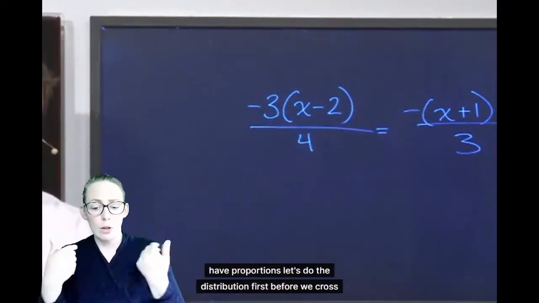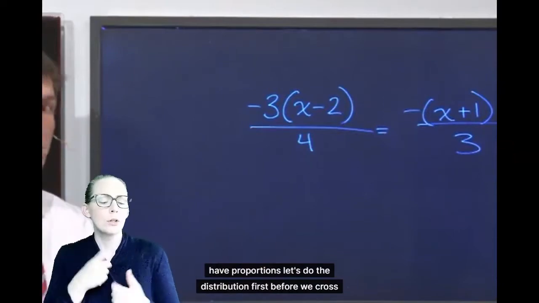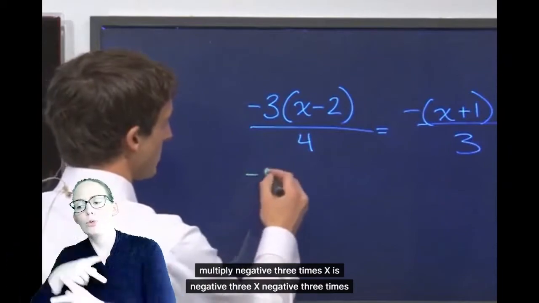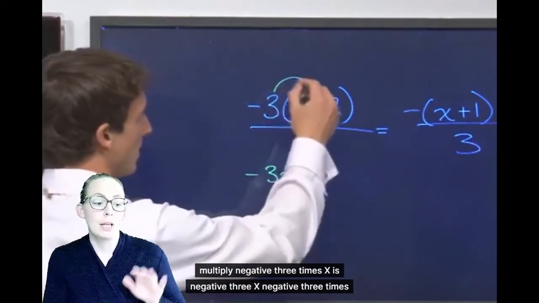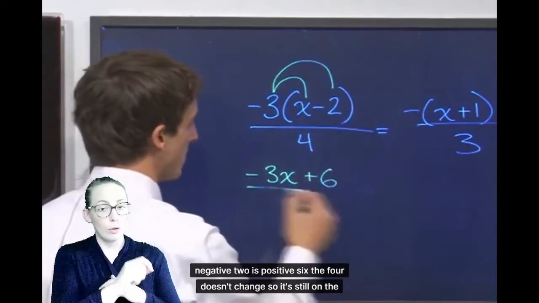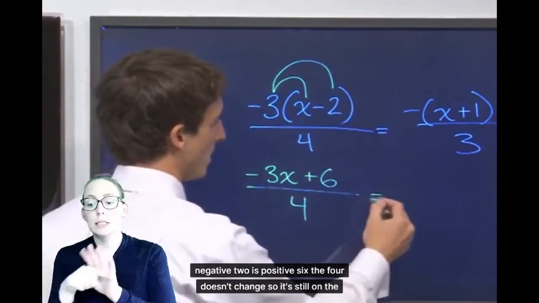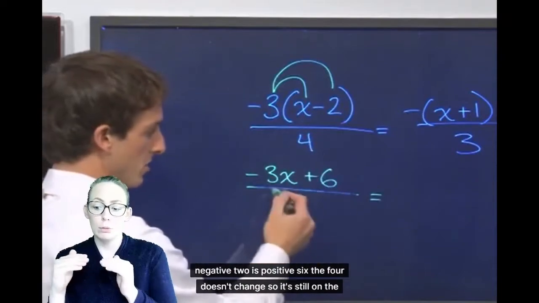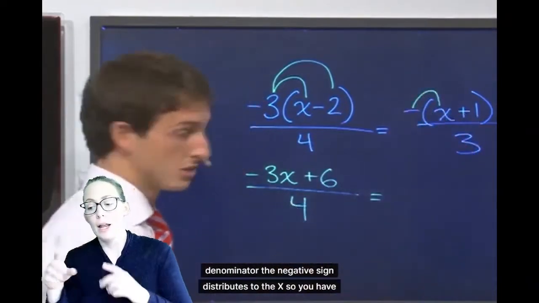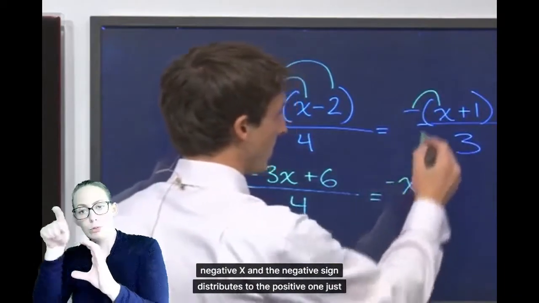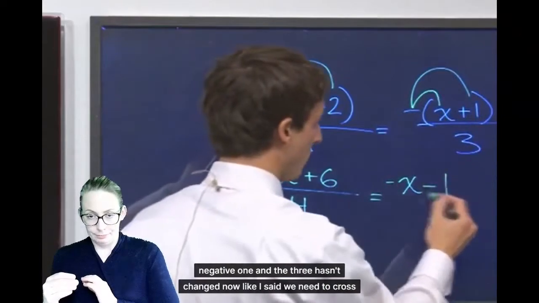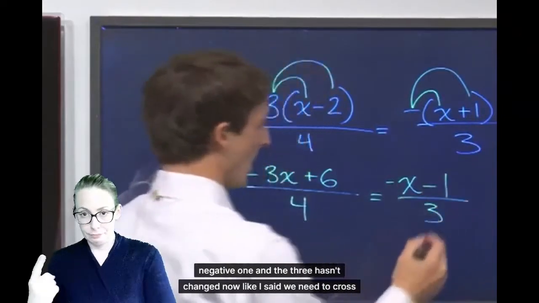Let's do the distribution first before we cross-multiply. -3 times x is -3x. -3 times -2 is +6. The 4 doesn't change, so it's still on the denominator. The negative sign distributes to the x, so you have -x. And the negative sign distributes to the +1, which is -1. And the 3 hasn't changed.